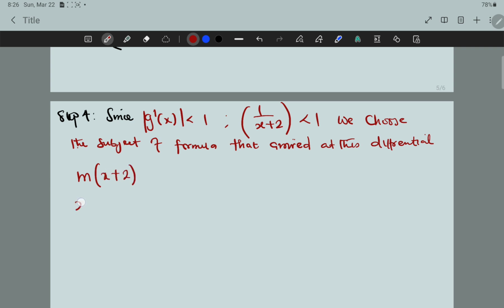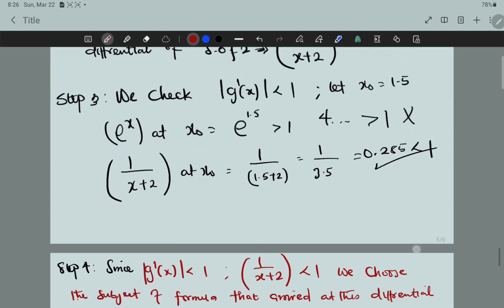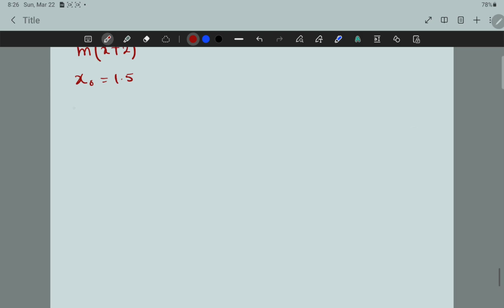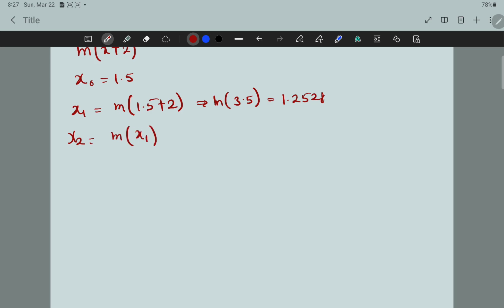So now let's start. Our x naught is 1.5. I chose the middle as x naught. So now what will be our x1? Our x1 will be ln of 1.5 plus 2, which is ln 3.5, which is 1.2528. So x2 will be ln of x1.